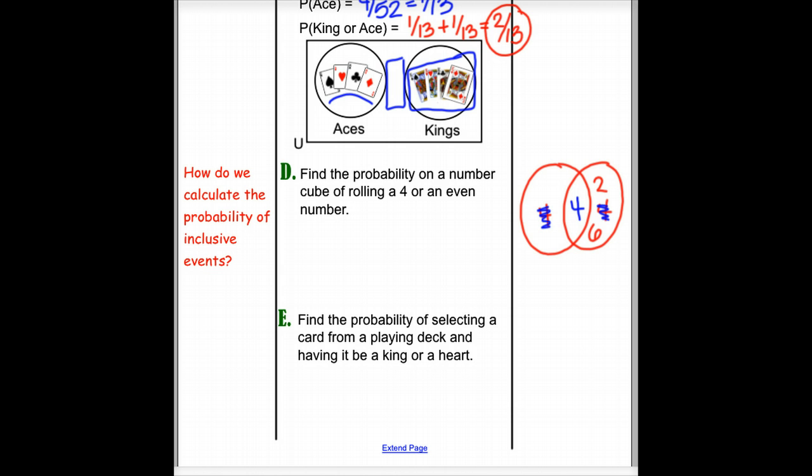So the probability of rolling a 4 or an even number is going to be equal to the probability of rolling a 4 plus the probability of rolling an even, and then we're going to subtract off the probability of it being 4 and even.